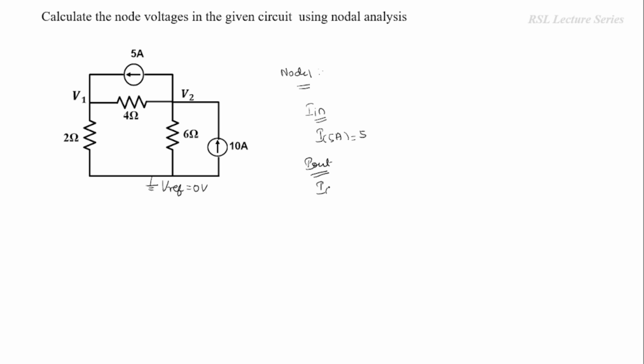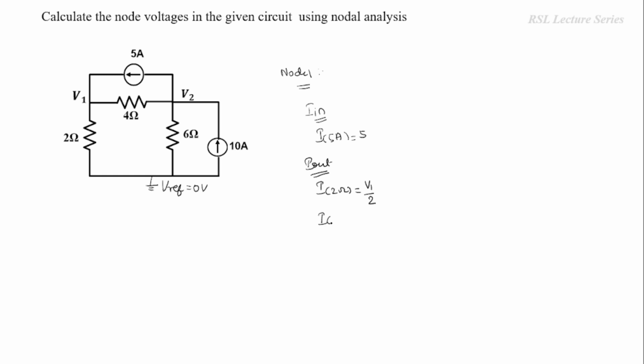First we will write down the current flowing through the 2 ohms resistor. This 2 ohms resistor is connected in between node 1 and the reference node. So the voltage across this particular resistance will be V1 minus 0, or simply V1, divided by 2 will give you the current value.